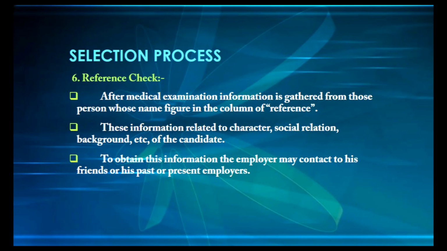In the reference section, the candidate mentions persons such as friends and relatives. The reference check collects information related to the character, social relations and background of the candidate. To obtain this information, the employer may contact his friends or his past or present employers.